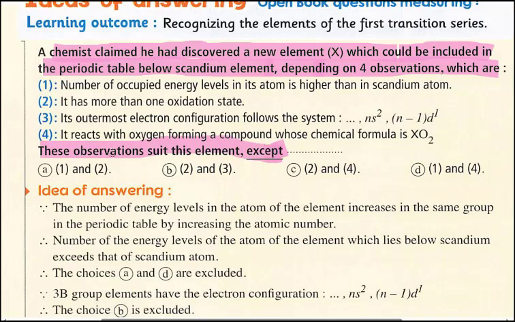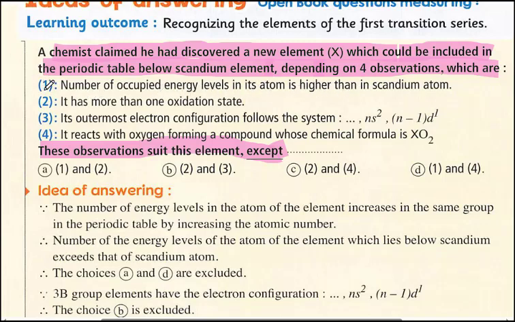Except means we'll choose the wrong answer. The number of occupied energy levels in this atom is higher than scandium. It is in the same group but down in the periodic table, so it must contain more energy levels than scandium.